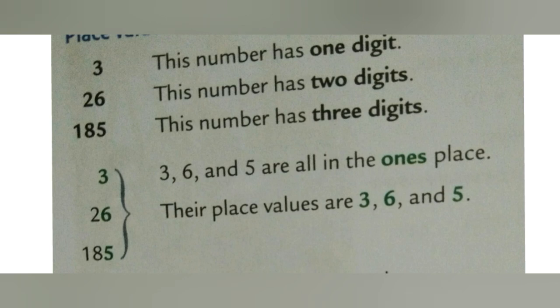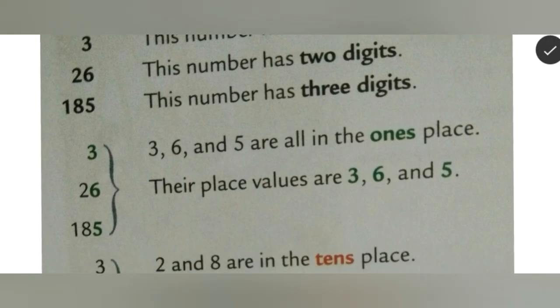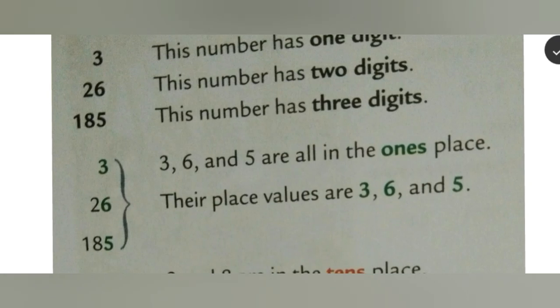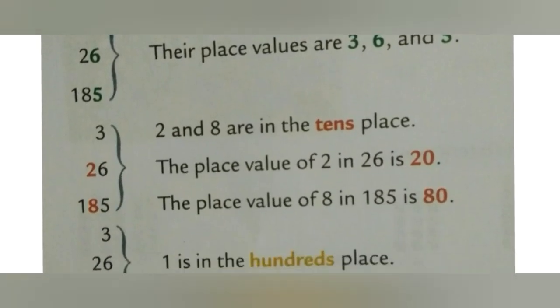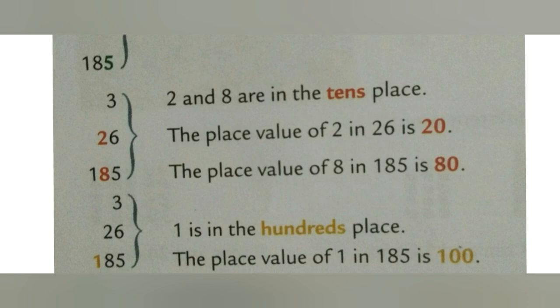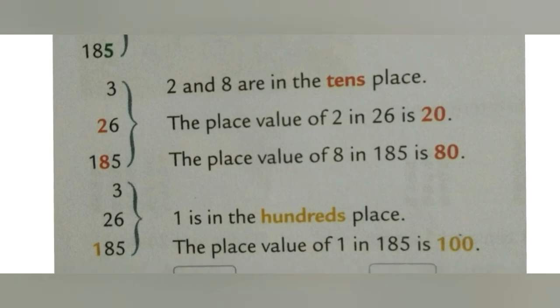And their place value are 3, 6 and 5. 2 and 8 are in the tens place. The place value of 2 in 26 is 20. And the place value of 8 in 185 is 80. Only 1 is in the 100 place. So the place value of 1 is, in 185 it is 100.